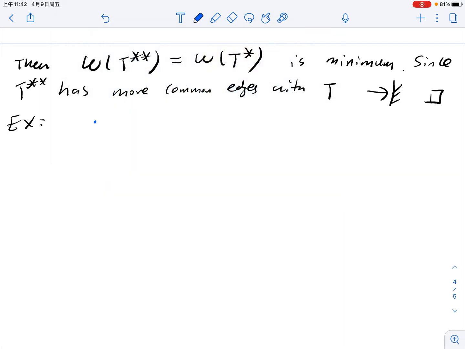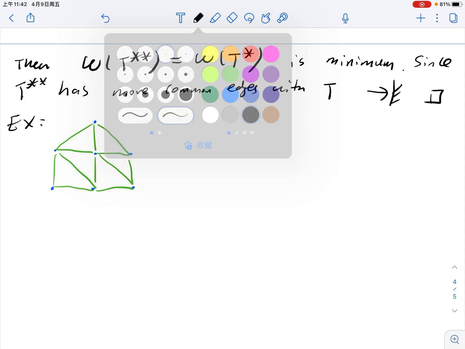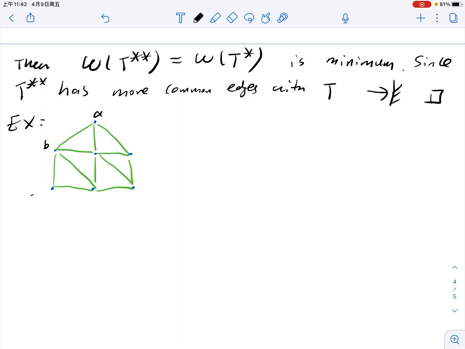Okay, now let's run the program once for the following graph. We have A, B, C, D, E, F, G, and we have certain weights.